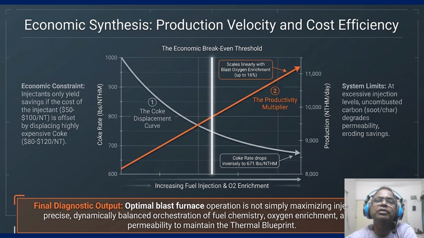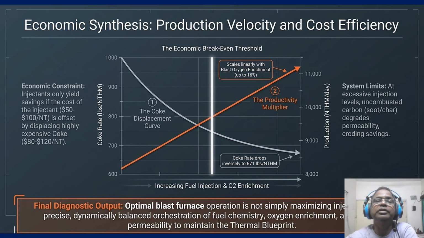Line 1, the coke displacement curve, shows the coke rate dropping inversely as you increase injection. Line 2, the productivity multiplier, scales linearly with oxygen enrichment up to 16%. This is your economic break-even threshold. Injectants only yield savings if their cost, typically 50 to 100 US dollars per ton, is offset by displacing highly expensive coke.